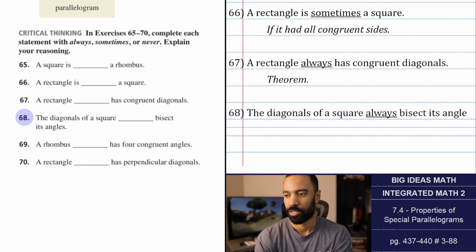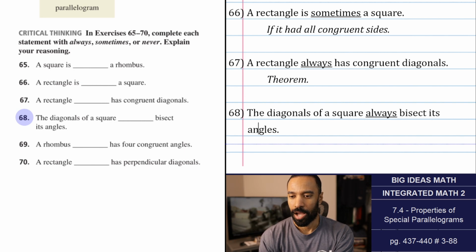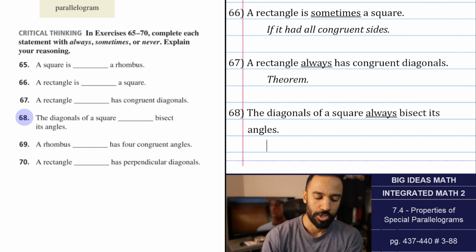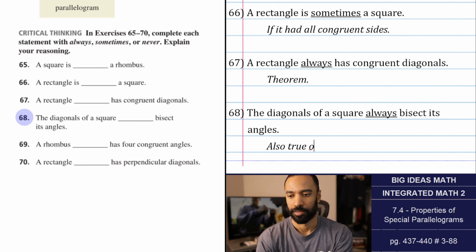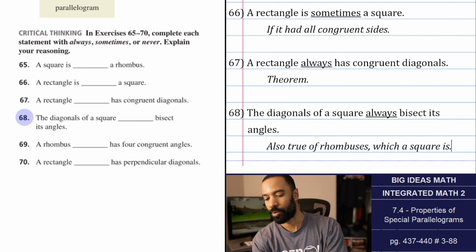Yes, always. Also true of rhombuses, which a square is, as we showed in number 65. A square is always a rhombus.